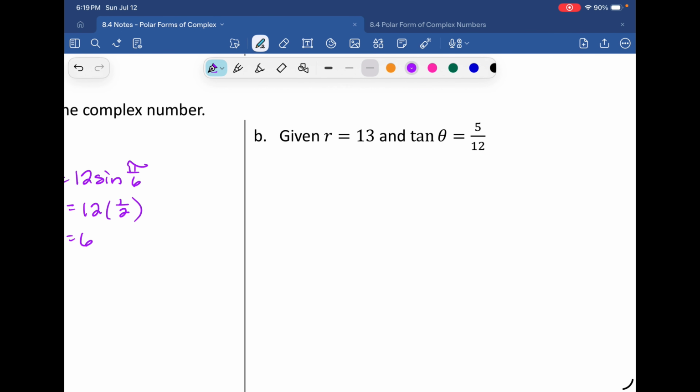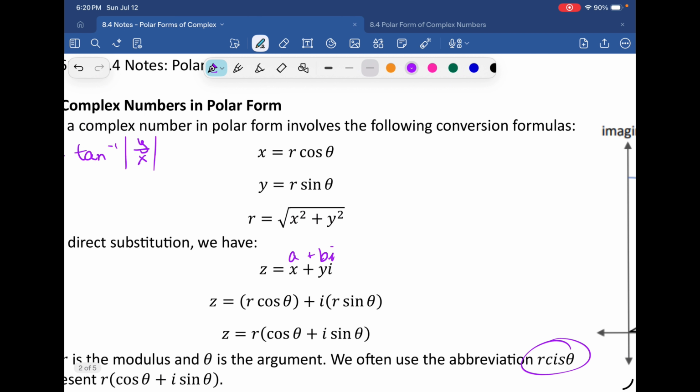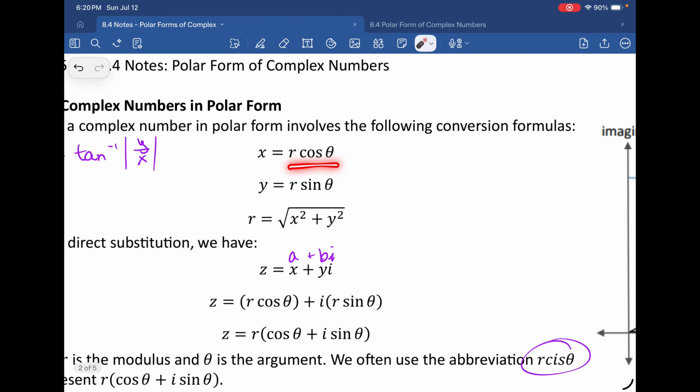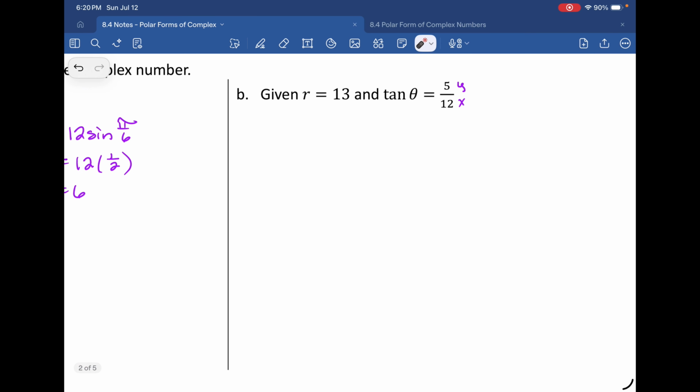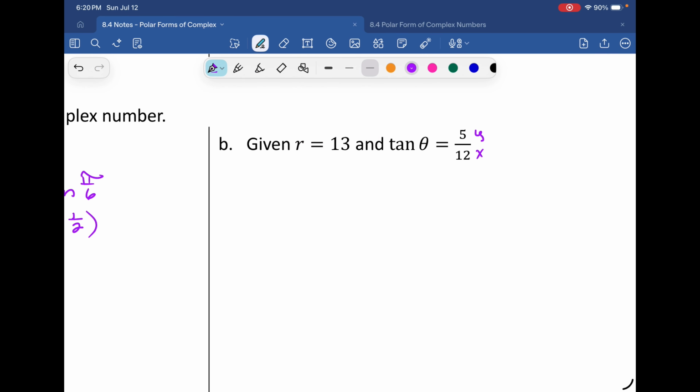Okay, this one we have radius is 13, tangent theta is 5 over 12. So this is y over x, and we know from our formulas that x is our cosine and y is our sine, so we need cosine and sine here. I have the radius. Okay, so cosine would be 12 over 13.